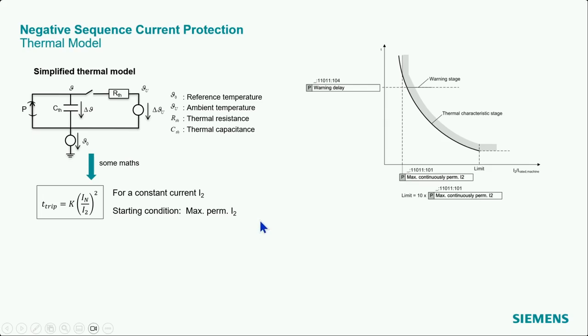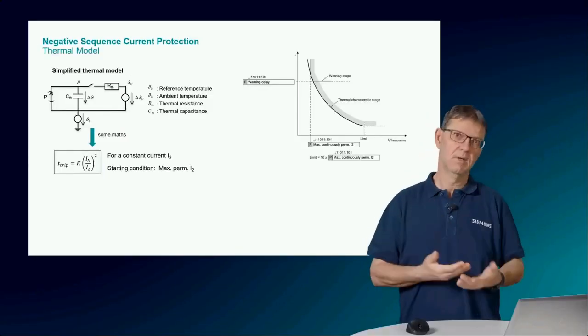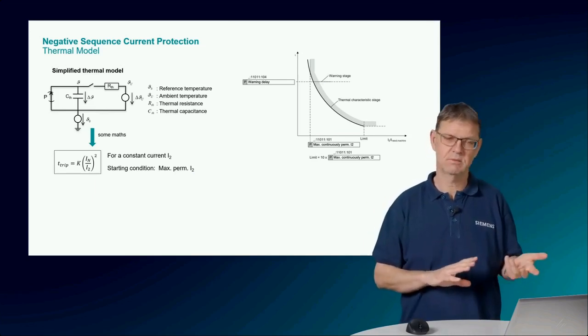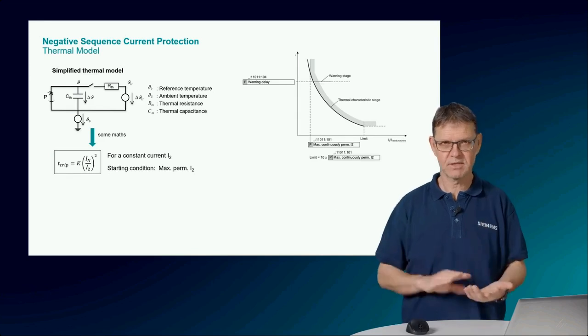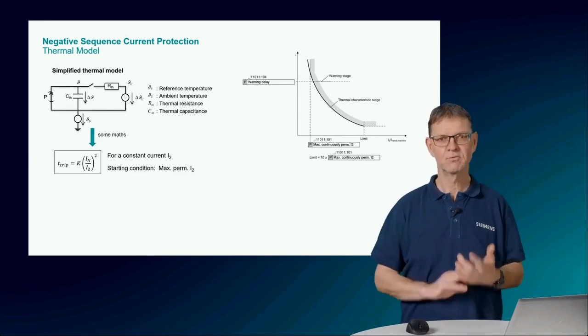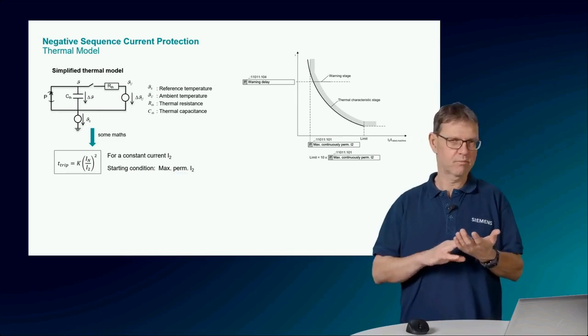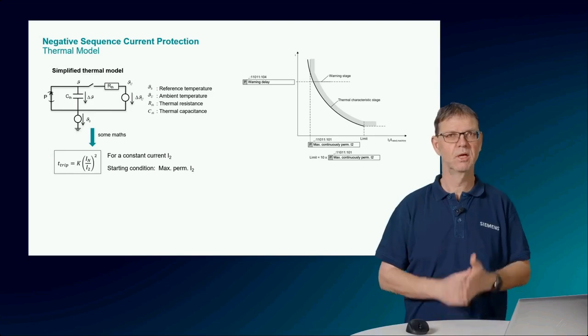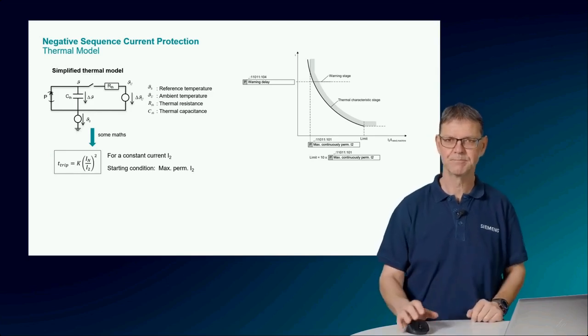This is the maximum permissible negative sequence current. So often you get this value from the motor manufacturer, sometimes not. Then we need to estimate, and then something between 5 and 10% is a good value normally for this negative sequence current. So the maximum one, which I can have permanently.